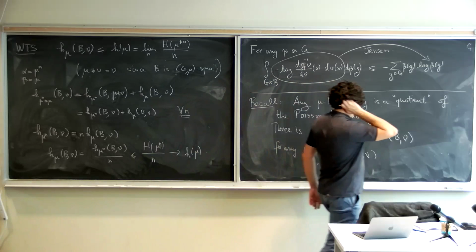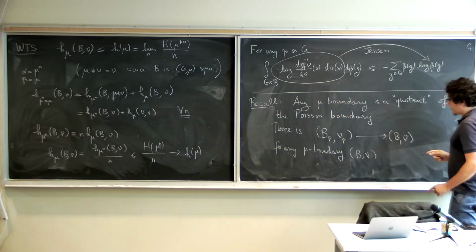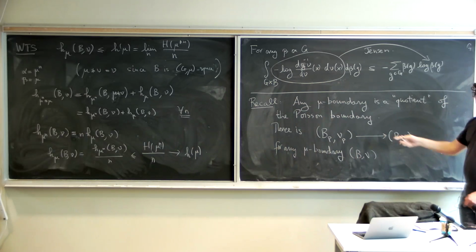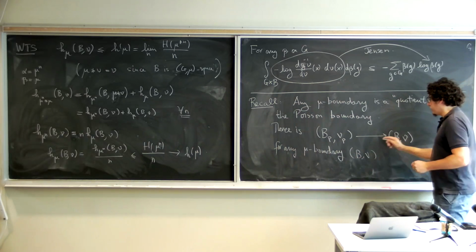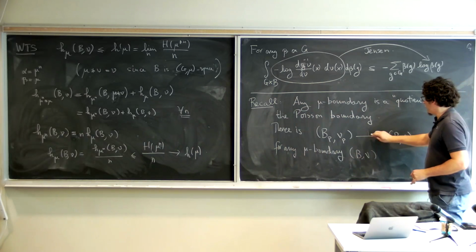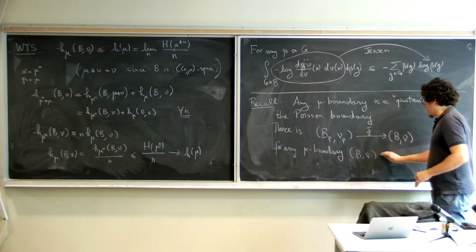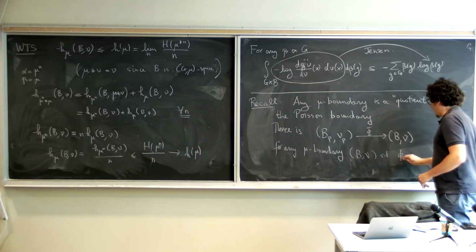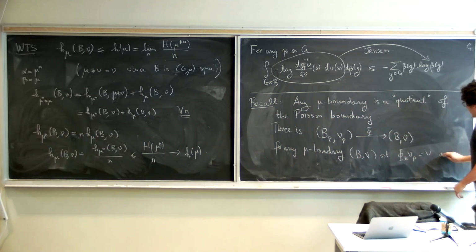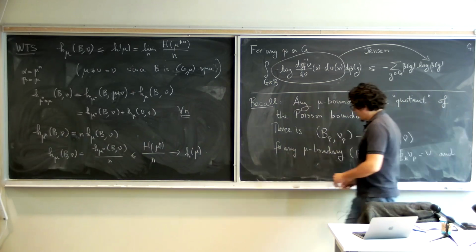And in fact, this map is not just a projection map, it's also G equivariant. So let's say phi is such that phi star of nu P is nu and phi is G equivariant.